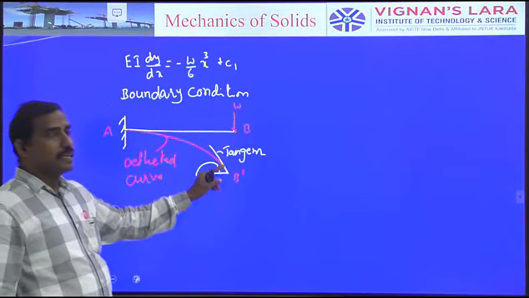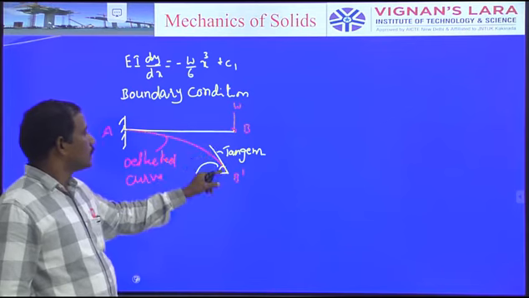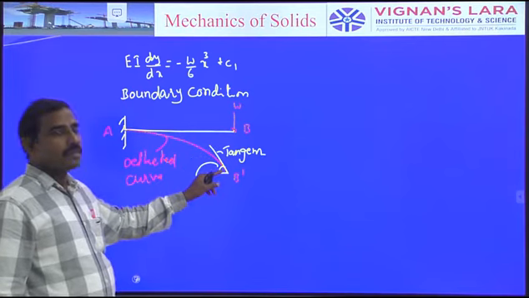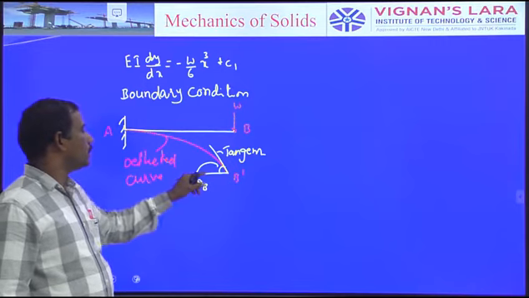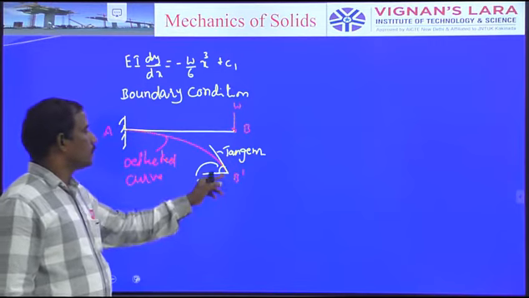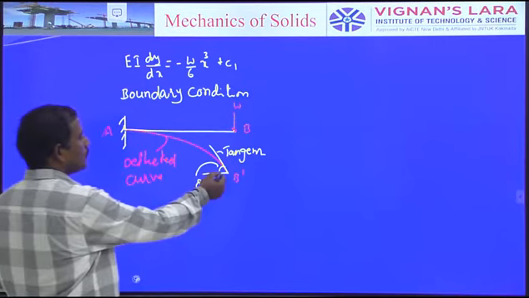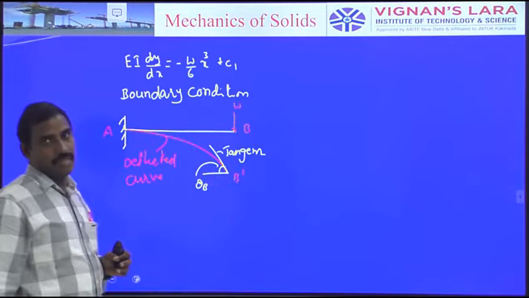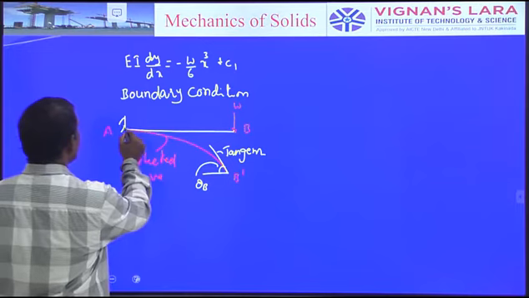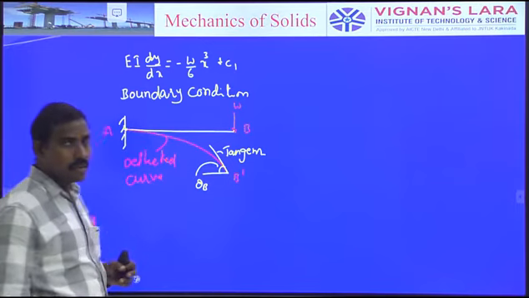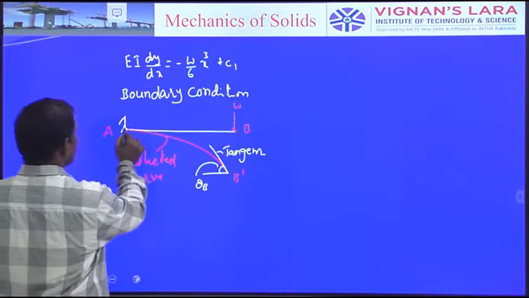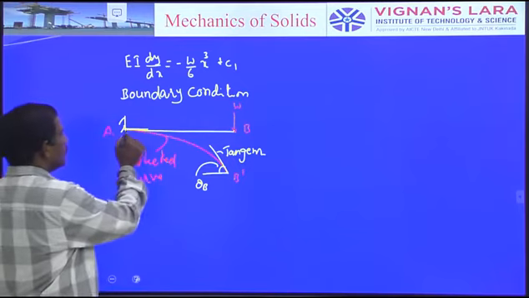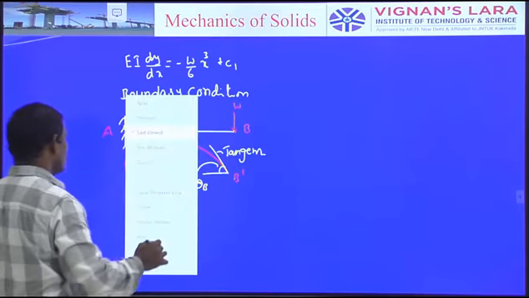Slope is the angle between the tangent drawn at a point and the horizontal. So there is a measurable angle at B' or B. If you look at A, this is the tangent. If you draw the horizontal line at A, both coincide.